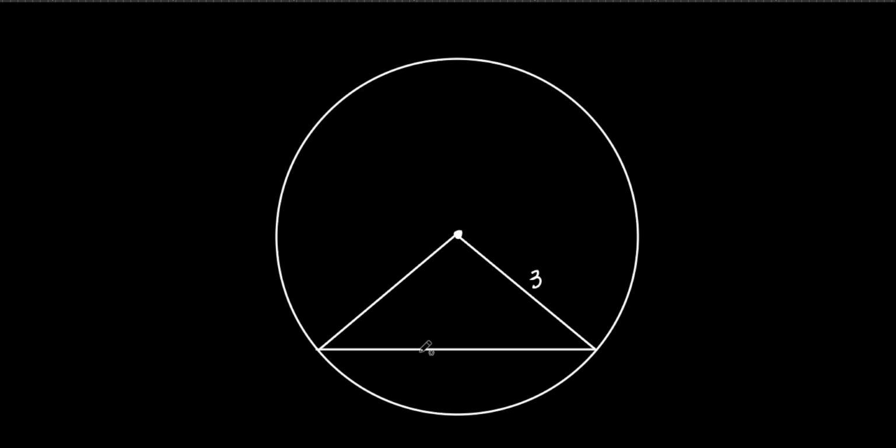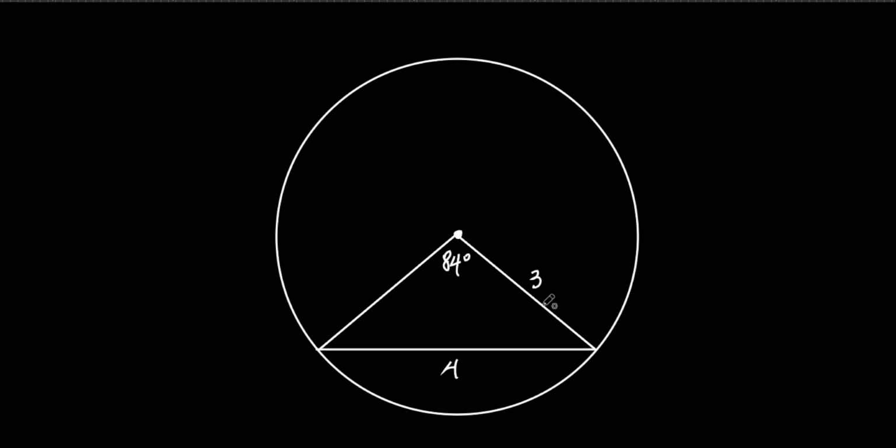And then this little bit right there, we're going to say is 4, where I connected the two radii. You see it? And I believe they say that this is 84 degrees. So that's my central angle, or my theta. It's 84 degrees.